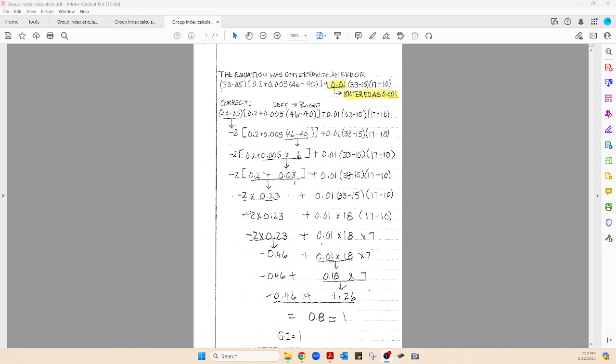Where did I get that? Maybe I didn't do it like that. Hold on just a minute. 0.205 times 6. Maybe I'm getting ahead of myself. Just give me a second. 0.205 times 6 equals... I still get the same thing. I think this is a mistake right here.